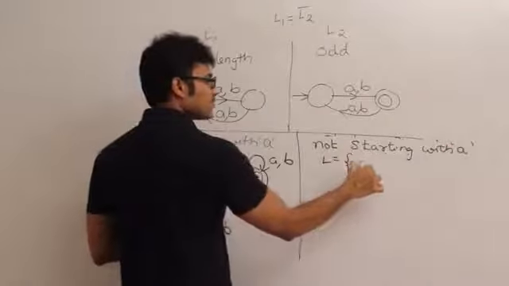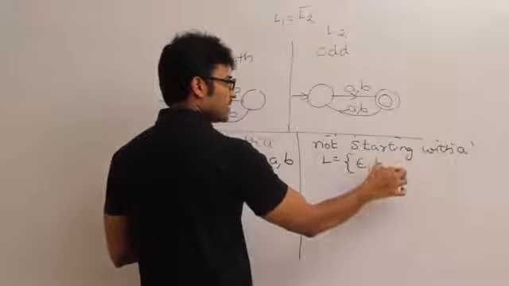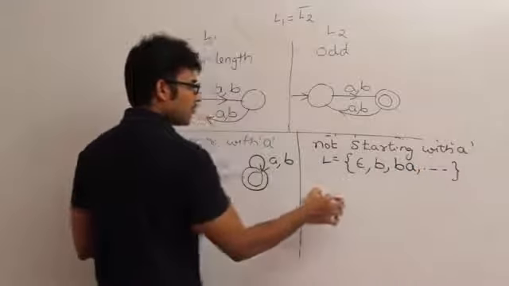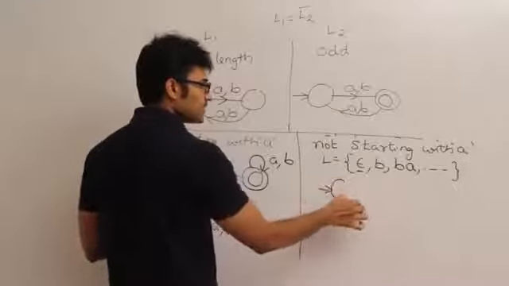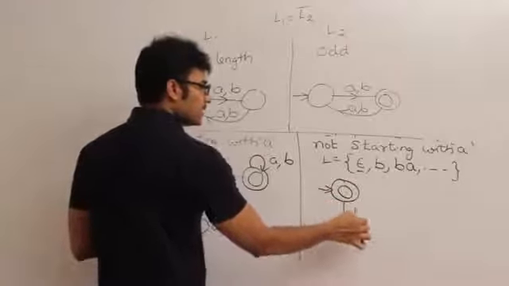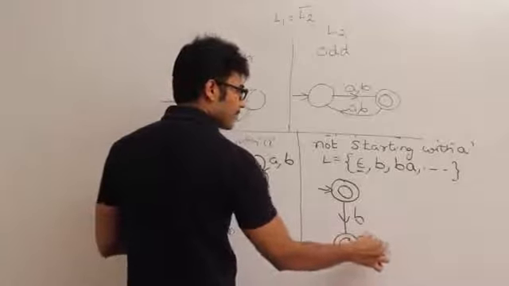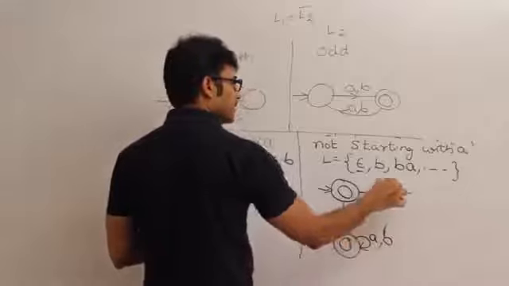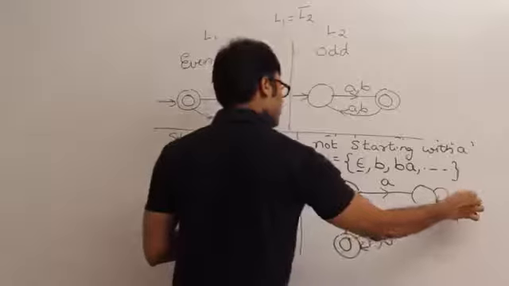The language contains epsilon because epsilon does not start with A, and the language contains B, and anything that starts with B, and so on, right? Therefore the language contains epsilon plus anything that starts with B, which means the initial state has to be a final state, and anything that starts with B should be accepted, A comma B, and if anything starts with A, it should not be accepted.